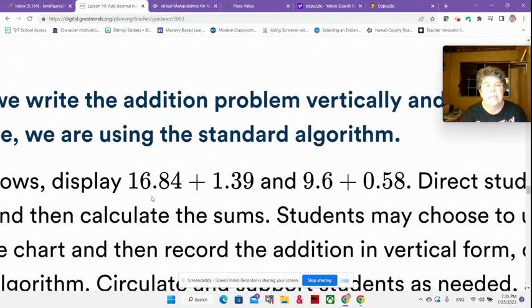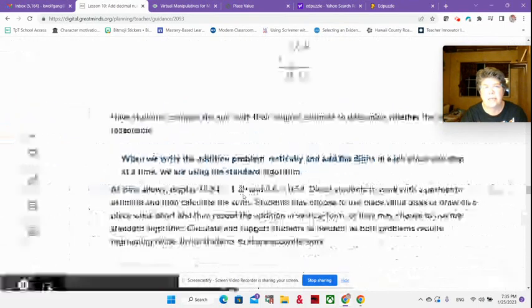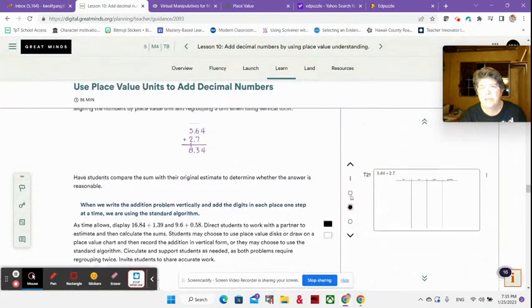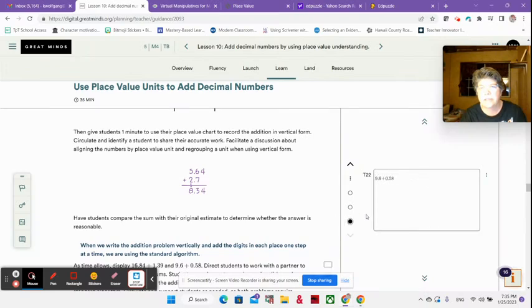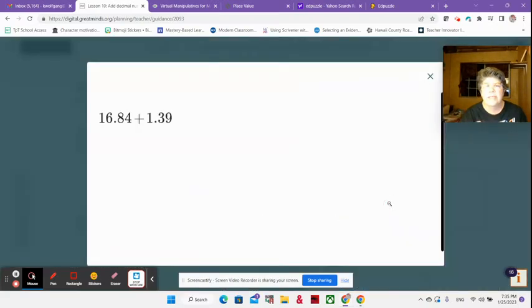Sorry about that. 16 and 84 hundredths plus 1 and 39 hundredths. Let me just see if I have it over here. There it is. Okay, 16 and 84 hundredths plus 1 and 39 hundredths. Do that standard algorithm vertically. You can use your place value discs if you want. Make sure that you understand how to do this problem.